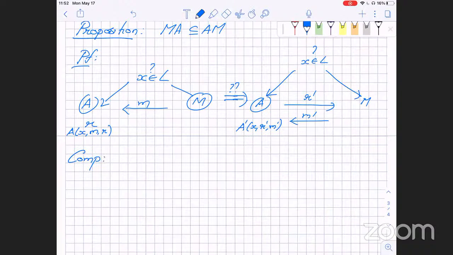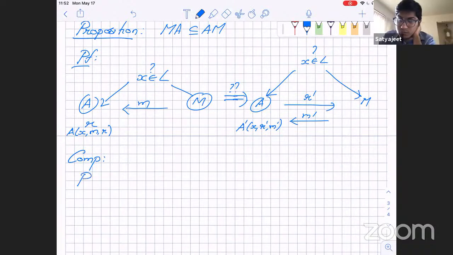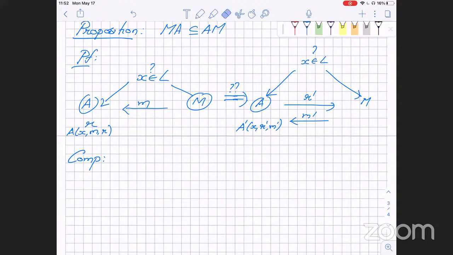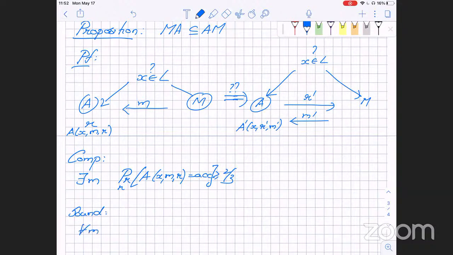So let's look at completeness. We have that there exists an M such that the probability over R that A of X, M, R accepts is greater than 2/3. And soundness, what I want is for all M, the probability over R that A of X, M, R accepts should be less than or equal to 1/3.